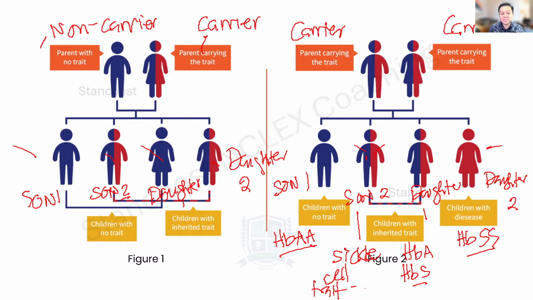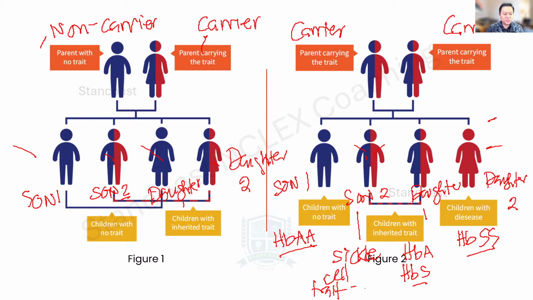They're actually just carriers. They're not going to manifest the SCD, okay? There's only this girl that has the full red shade, which basically got one defective gene from the father and one defective gene from the mother, okay?